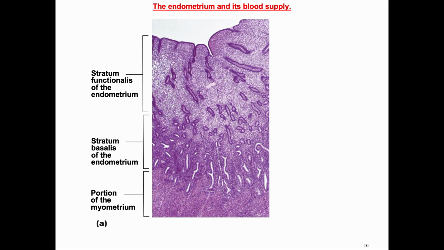Okay, now you can see this is the mucosal buildup during the second phase of the menstrual cycle. Okay, so stratum, this is how the mucus develops every month, and there will be presence of spiral arteries in this mucus.